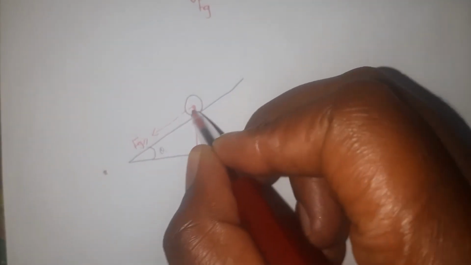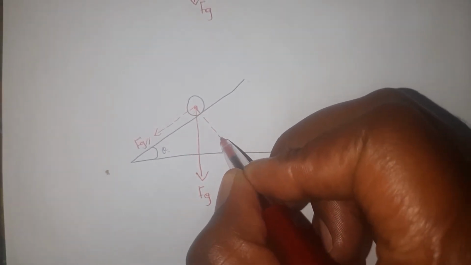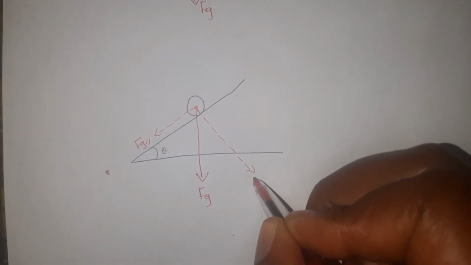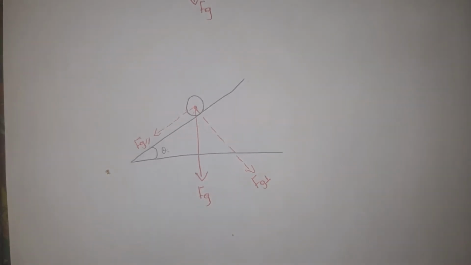This is our slope, and then perpendicular will be like this. So this is our FG perpendicular.